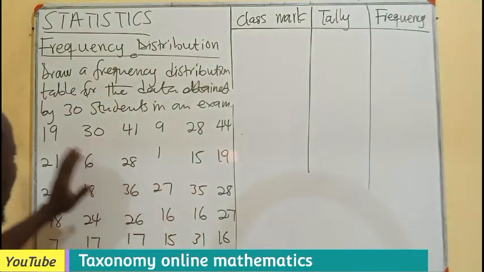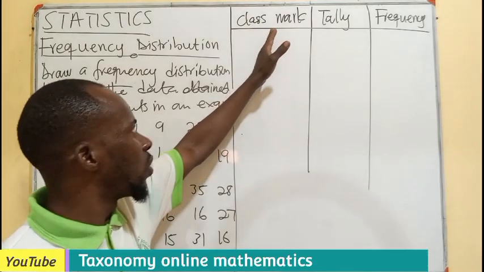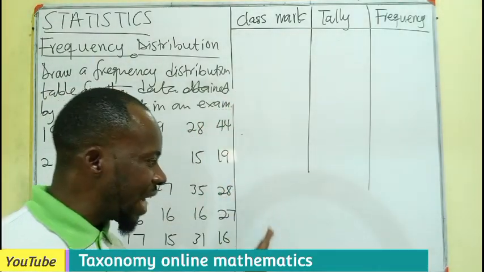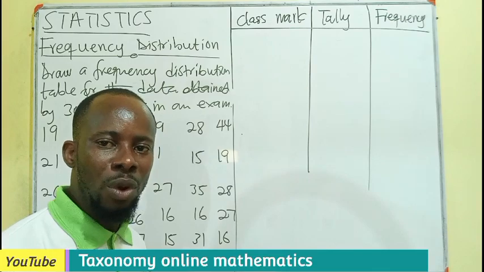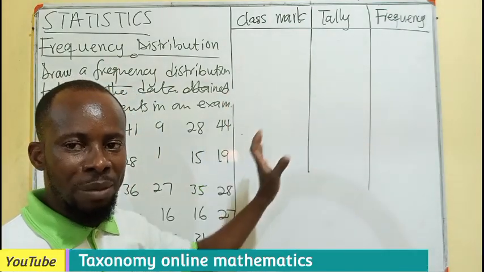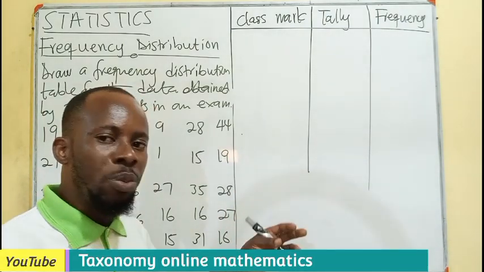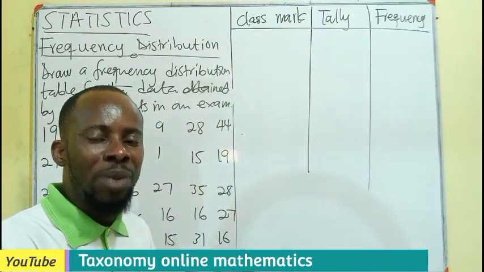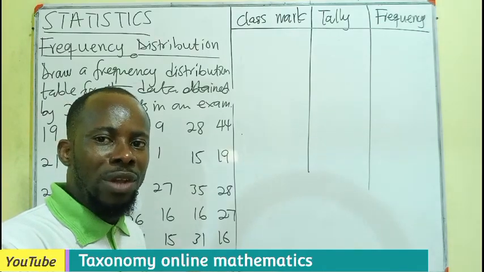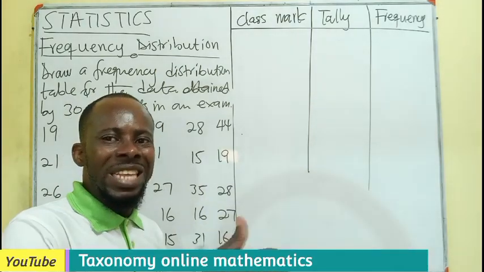You can see that this data is 30, so arranging all the marks as 30 different variables will be tedious to do. It will occupy a lot of space. You remember we are saying that statistics normally helps us to group the data to make it look simpler. So we are going to compress this data by using intervals.